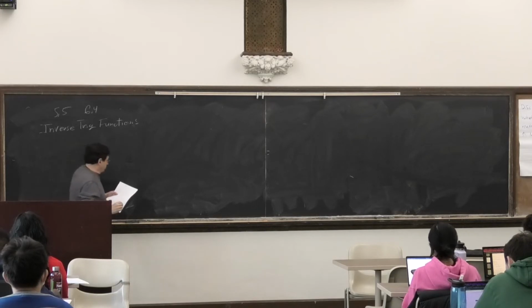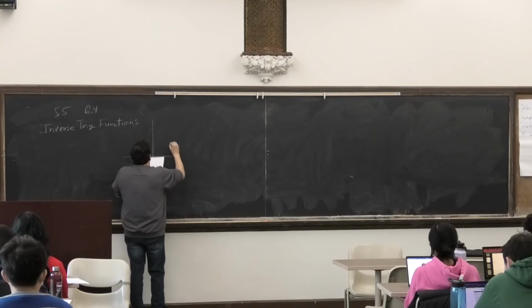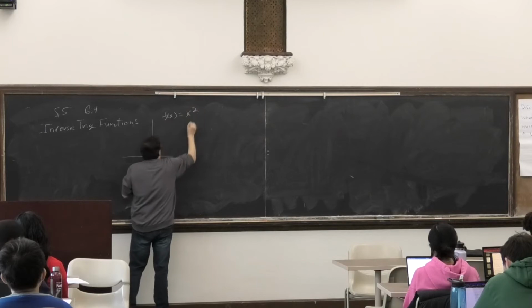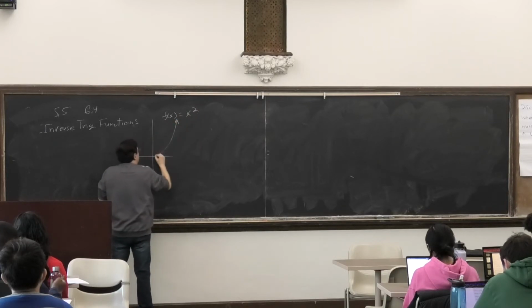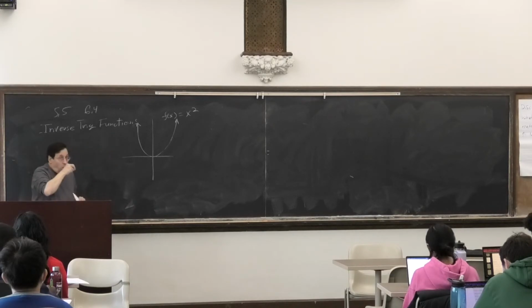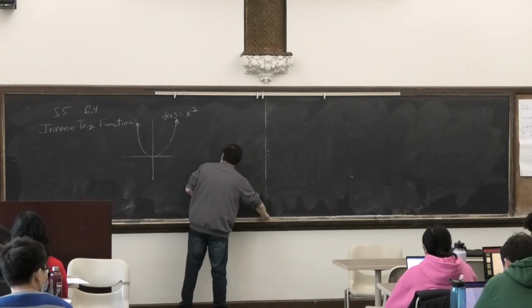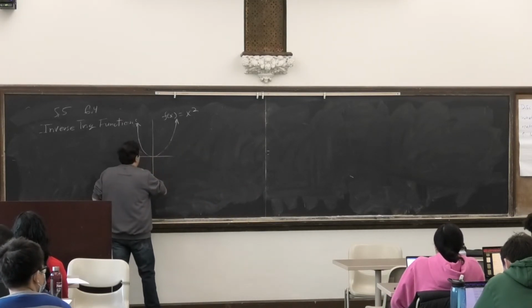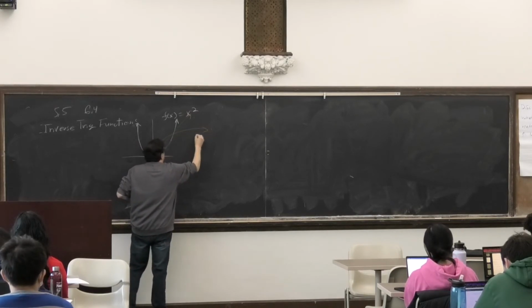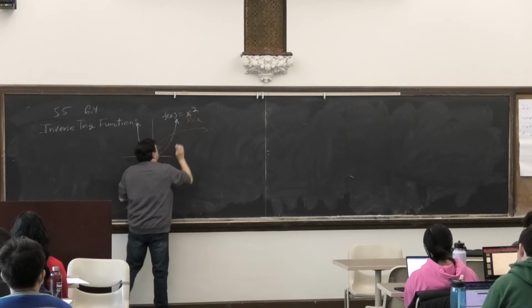You have to be very careful. Recall, when we were first looking at inverse functions, we might have a function like x squared. And the act of finding the inverse has the effect of reflecting that function across y equals x.